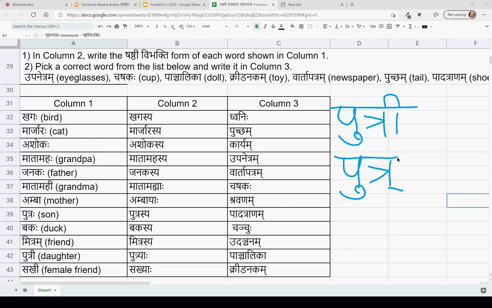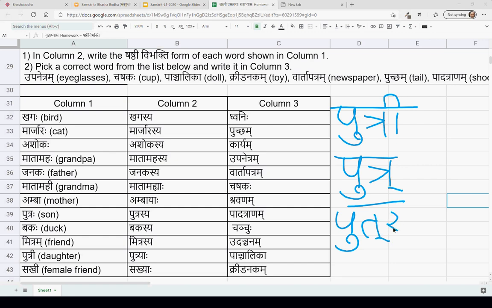When we remove that Dirgha I, there is no Swara at the end, just Putr, that Vyanjanam at the end. What is the end Vyanjanam here? R.